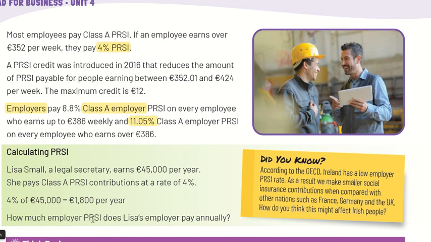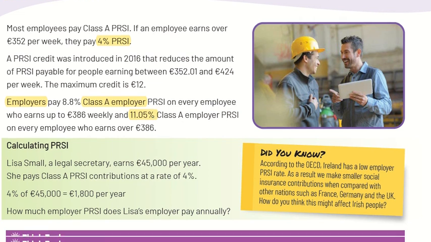How much employer's PRSI does Lisa's employer have to pay? She's obviously a higher income earner, so you'll use the 11.05%. You'd have 45,000 divided by 52 weeks in the year to see how much she gets weekly, and then it's 11.05% on that. Just to give an example.